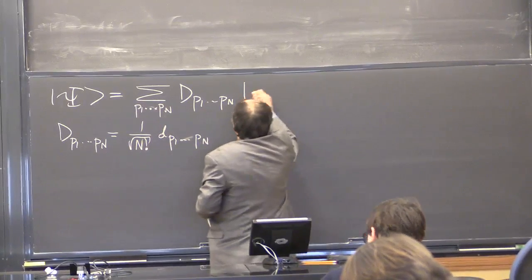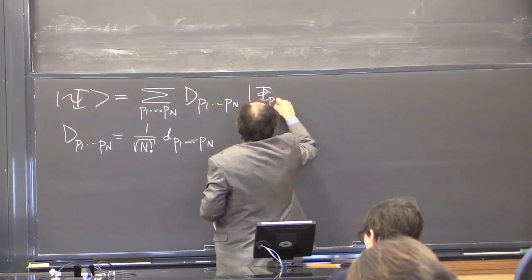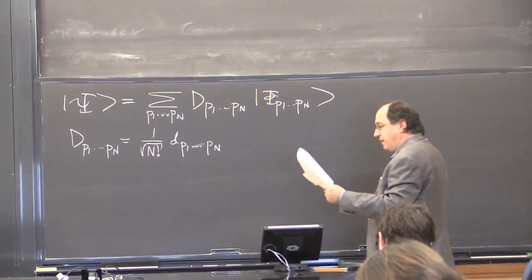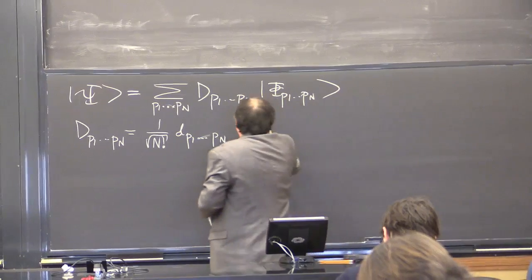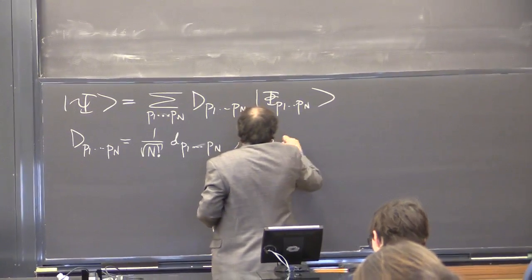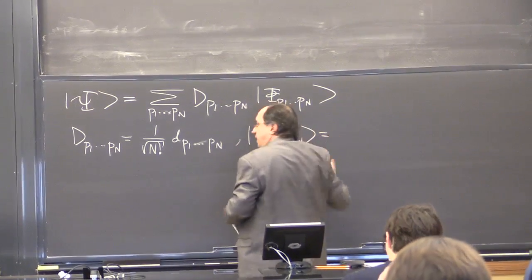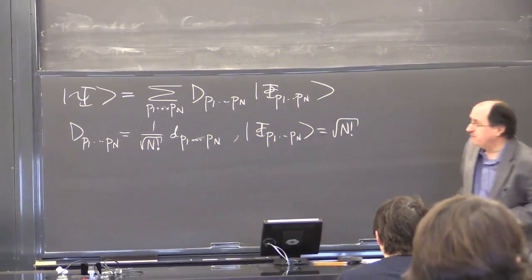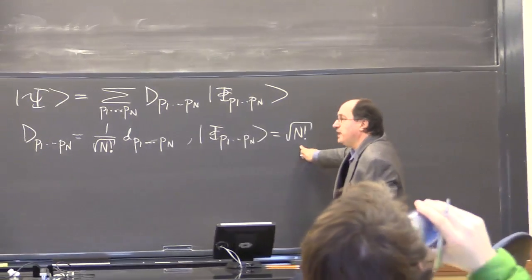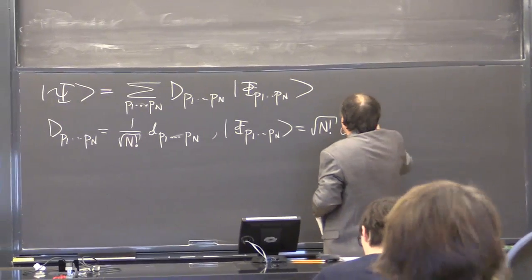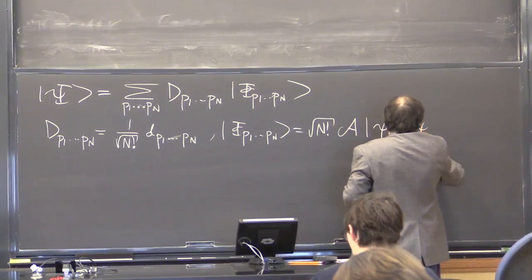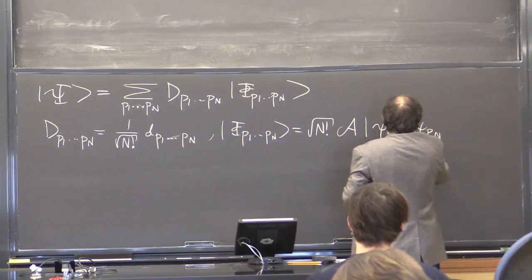And then these new functions phi, labeled with indices P1 through Pn, which we have defined to be, as you can still see on the left blackboard, square root of n factorial times the anti-symmetrizer acting on the product of n single particle states.